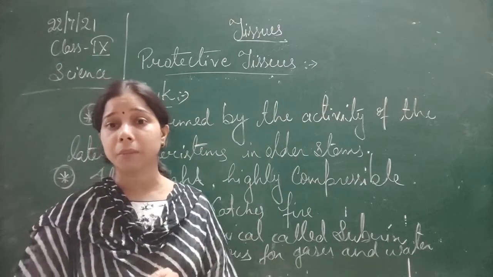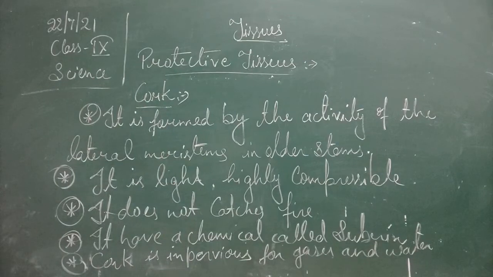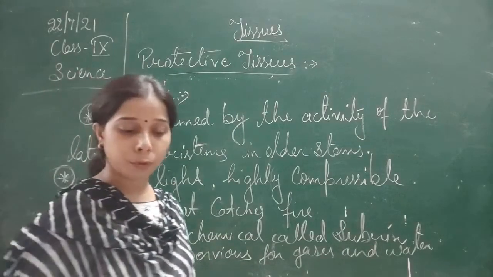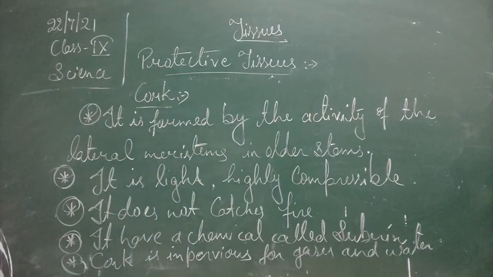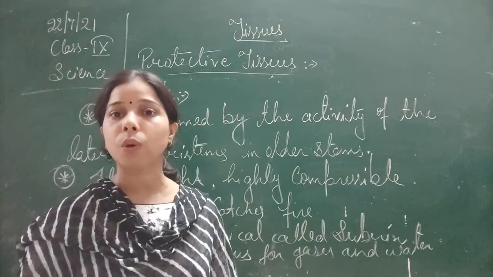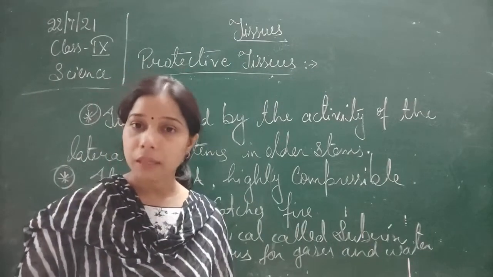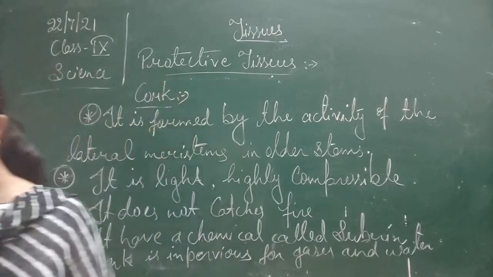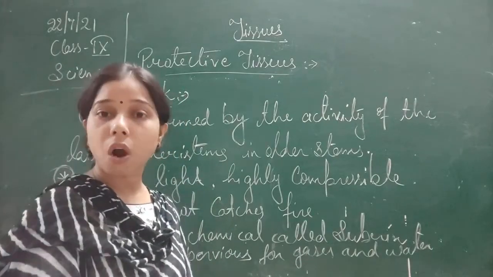It means it is impermeable to gases and water. Obviously, it is a protective tissue. It helps in protecting the woody tissues, and it is a kind of insulation, a kind of waterproof, since it does not allow water as well as gases to pass out from it. So it is an insulator. It is a kind of waterproof, and because of that, it is also used as a shock absorber.